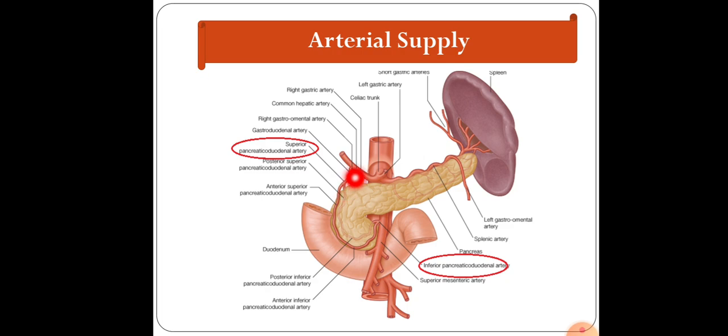From the gastroduodenal artery originates the superior pancreaticoduodenal artery. The superior mesenteric artery is the artery of the midgut, and it gives rise to the inferior pancreaticoduodenal artery. So the blood supply of the duodenum is by the superior and inferior pancreaticoduodenal arteries, which are branches from the celiac and superior mesenteric arteries respectively.